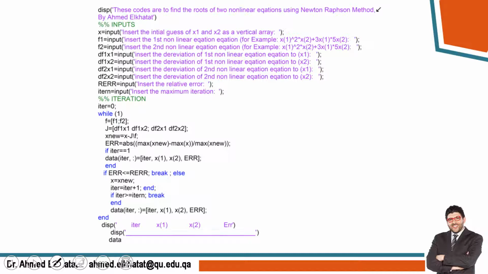Now we can make the input. Display: input guess for x1 and x2 as a vertical array.